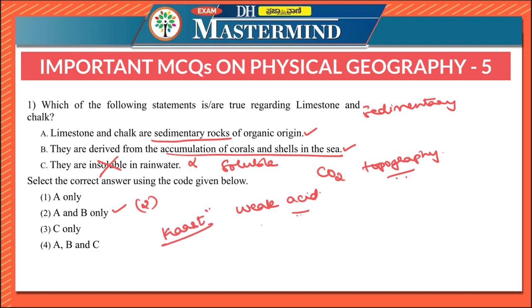Please remember karst topography. And why is this named as karst topography? Because it is named after a region called Karst, a district in Yugoslavia. Please remember Yugoslavia, a European country. Since the Yugoslavian Karst district has such topography in a more pronounced manner, this topography is named as karst topography.